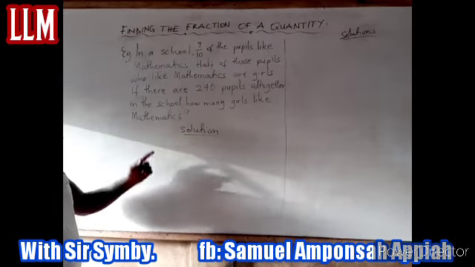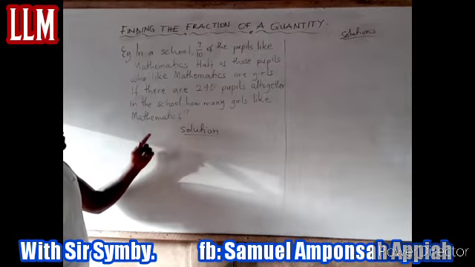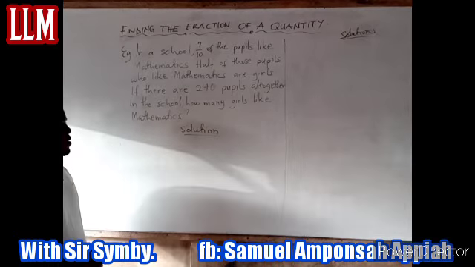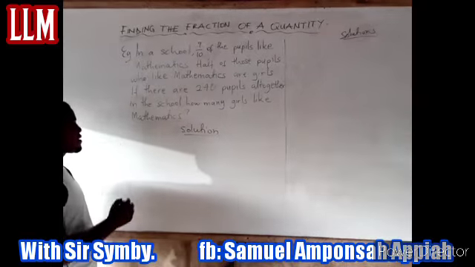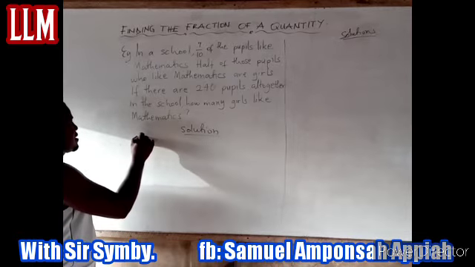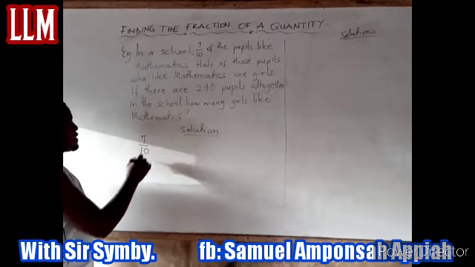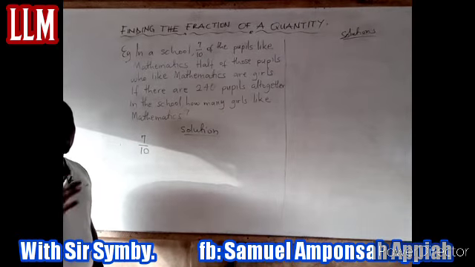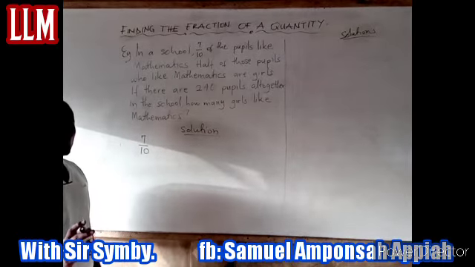Now, what is the fraction of pupils who like mathematics in the school? The fraction of pupils who like mathematics in the school is 7 over 10. And what is the total number of people in the school?